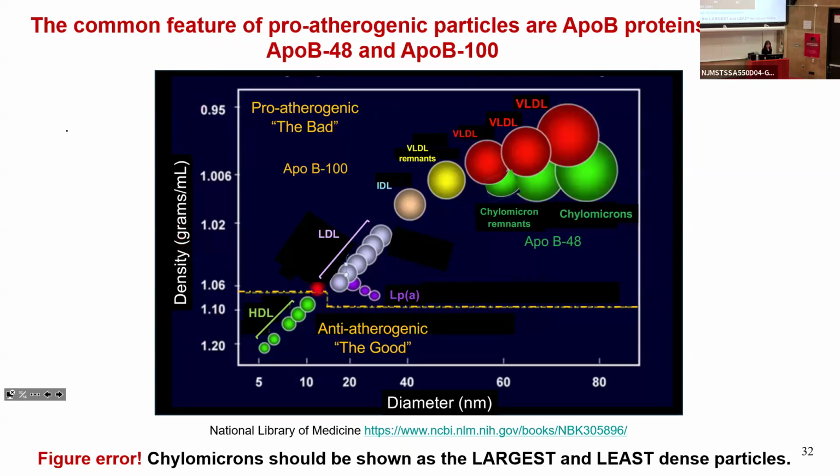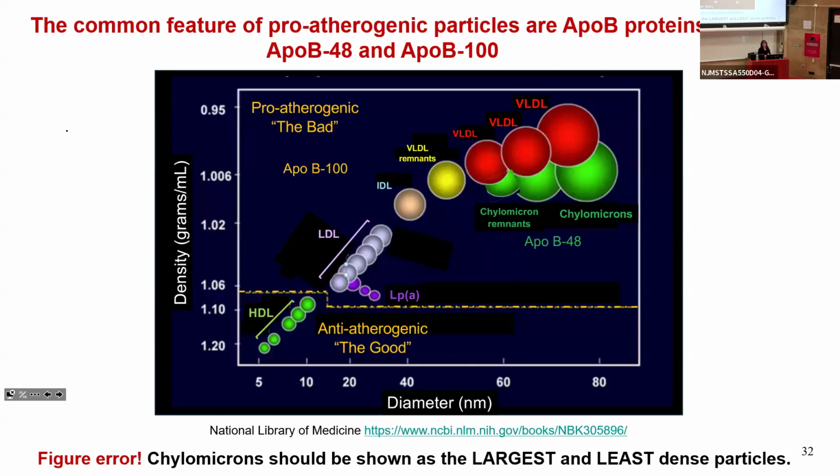But all of these ones that are called bad are in this upper region here: LDL, IDL, VLDL, chylomicrons. Only the ones that are considered good, HDL, are more dense. The reason they're considered good is they can actually take cholesterol out of a membrane, even trim down the plaque in an artery.